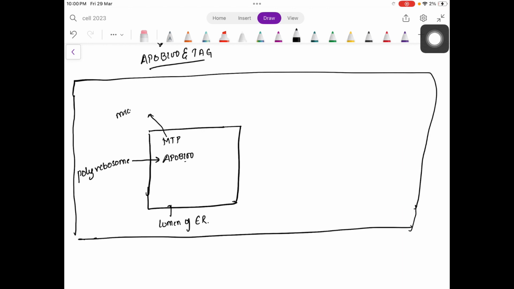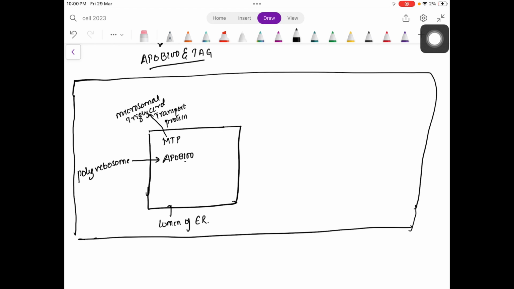This MTP is called microsomal triglycerol transport protein.